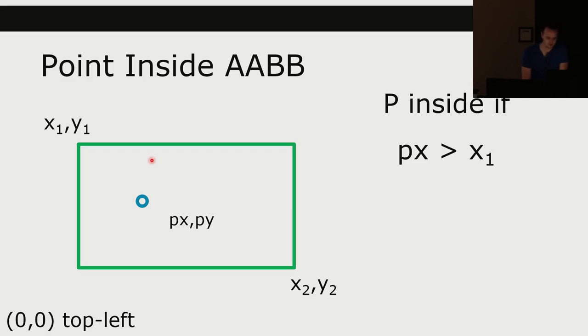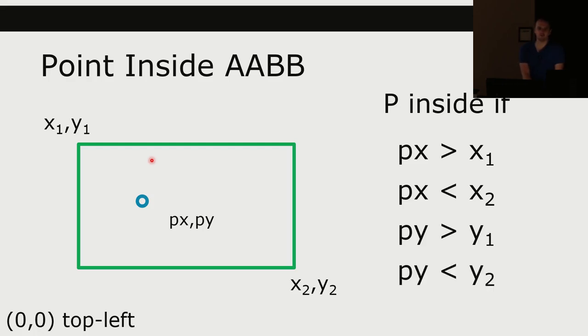Well, px is going to have to be to the right of the left wall. That's what this is. So if px is greater than x1, it's going to have to be to the left of the right wall. And you can see where this is going. It's going to have to be below the top and above the bottom, right? So 4 different calculations here. And if all of these are true, then that point is within that rectangle.